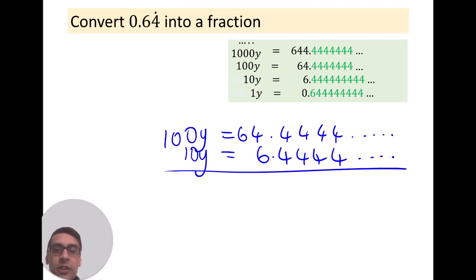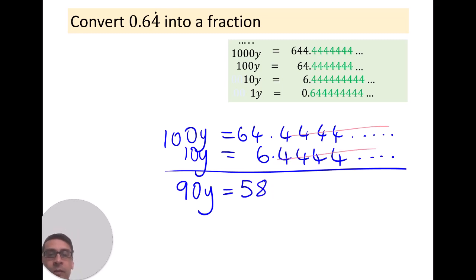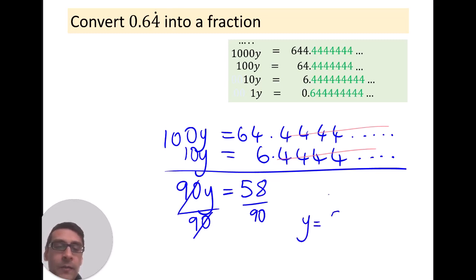When we do our subtraction for this, 100 take away 10 is going to give you 90y. 64 take away 6 is going to give you 58. And then the recurring part just cancels out, so 4 take away 4 and so on. So once we write this as a fraction, if we divide both sides by 90, that means that y is equal to 58 over 90.